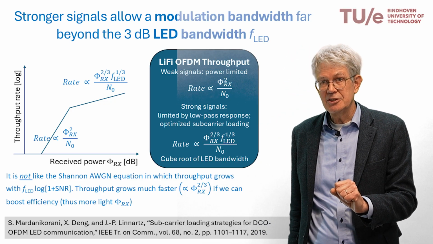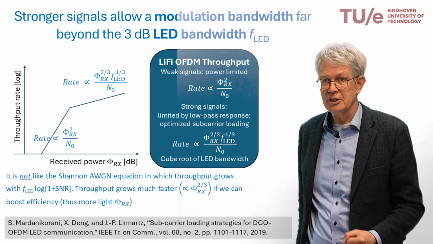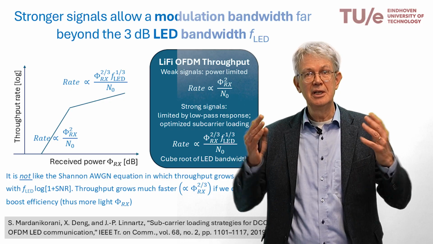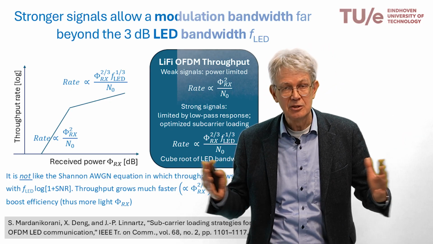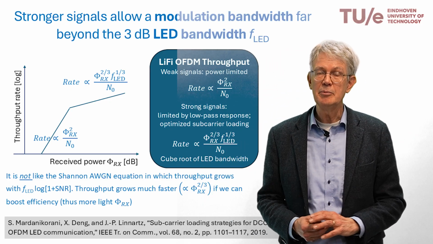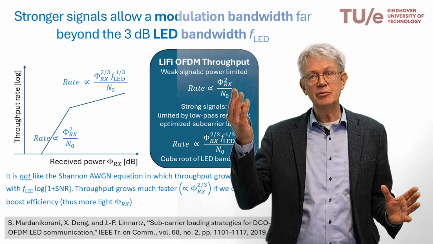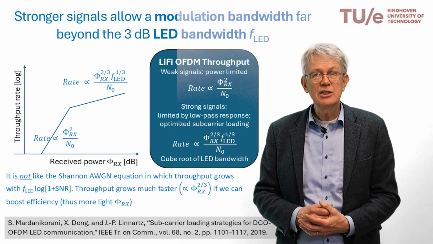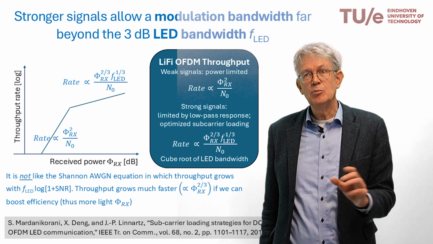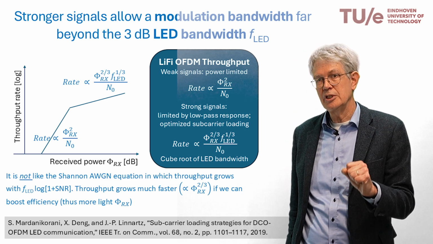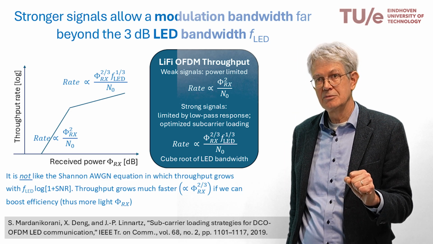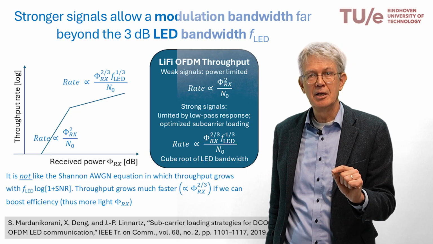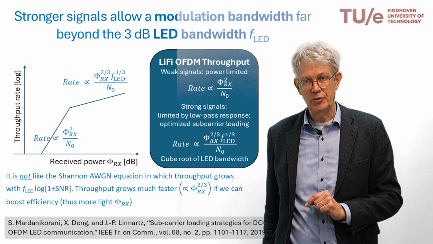But the challenge is, if you consider this from a signal processing perspective and you optimize the modulation, you could use that stronger signal and go for a wider bandwidth, simply because we can push through the 3 dB bandwidth and just pay the penalty of having a somewhat weaker signal because we have more signal. And then it turns out that the rate is more or less proportional to the signal power raised to the power 2/3 multiplied by bandwidth to the power 1/3.